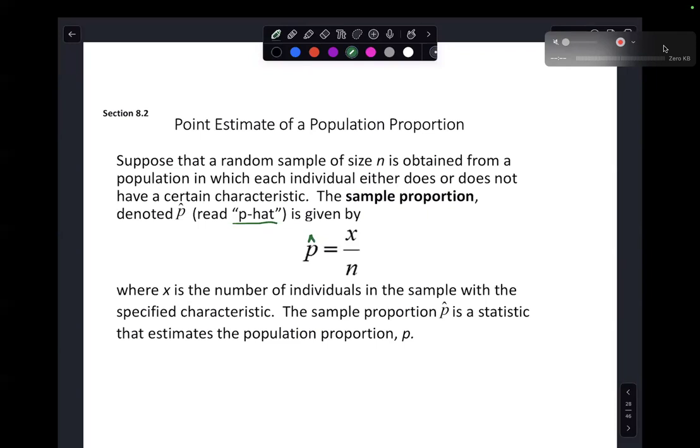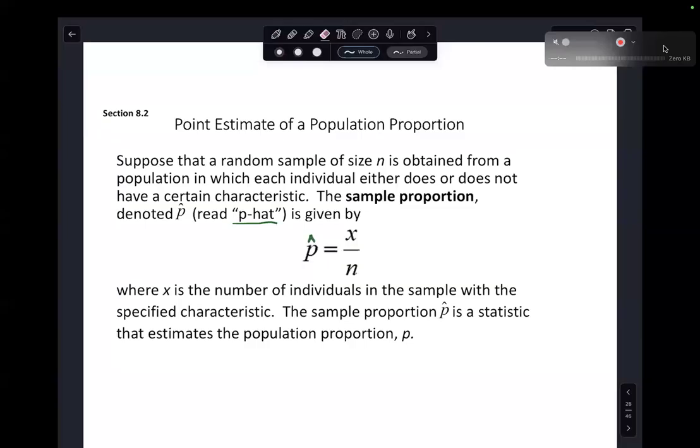So p hat is the number of successes I have over the total sample size. If I took a sample and I was looking for the number of people in that sample that are left-handed, and I had 20 people out of 50 that were left-handed, that's huge, we never get that many, I would put 20 on the top and 50 on the bottom.